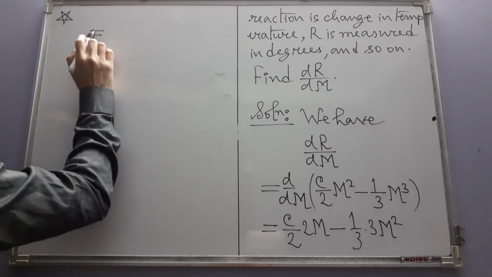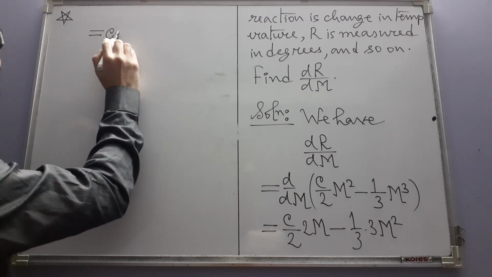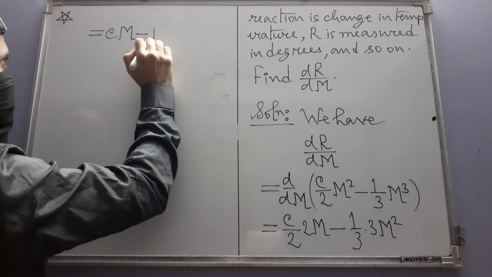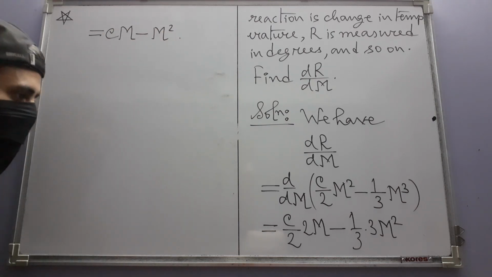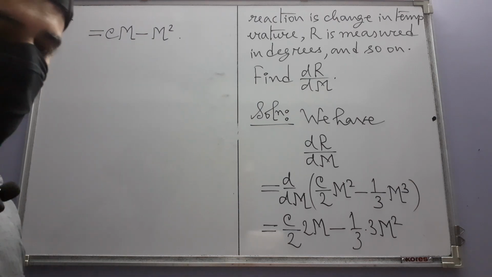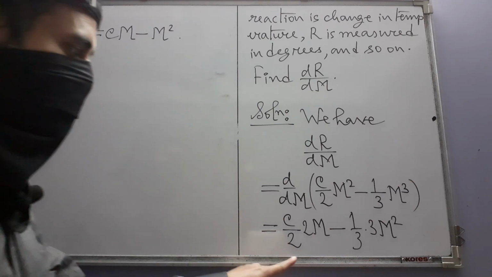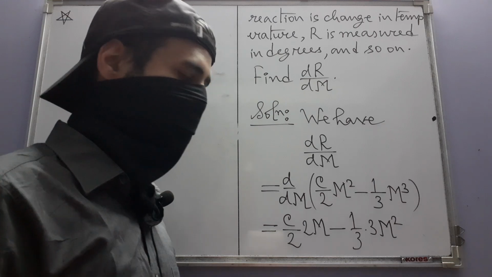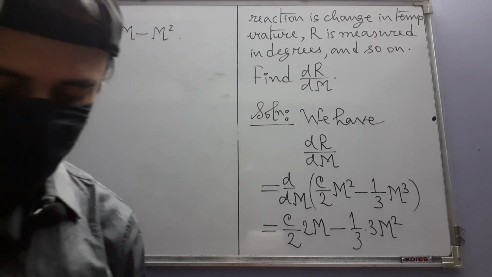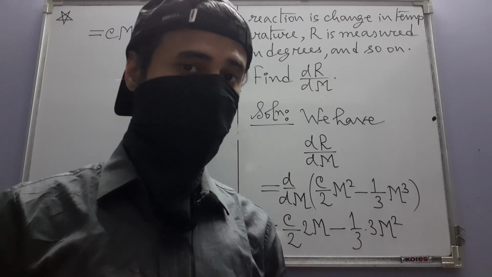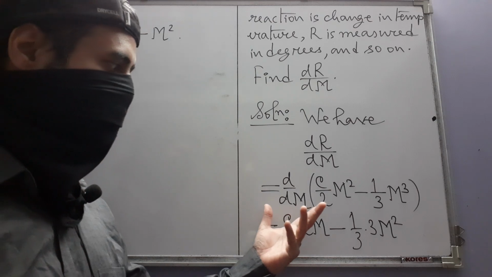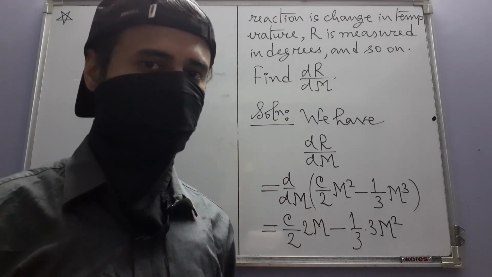So the sensitivity comes out to be this, CM minus M squared. That's just what it is. Again, from a mathematical standpoint, it's something trivial. But from a medicinal standpoint, it may be something really very important. I don't know. People who are experts in that subject will know.